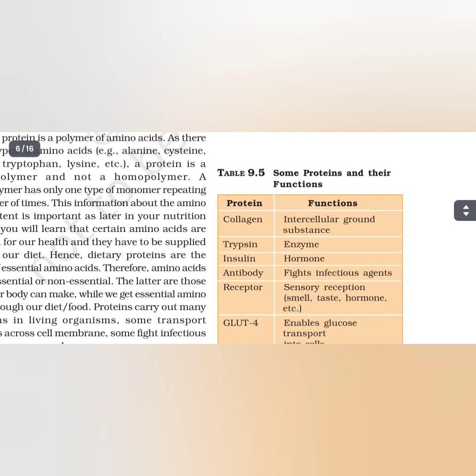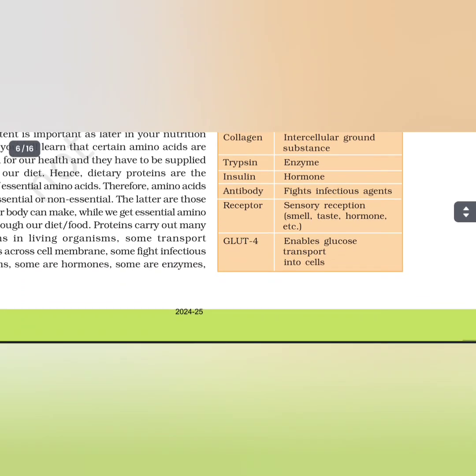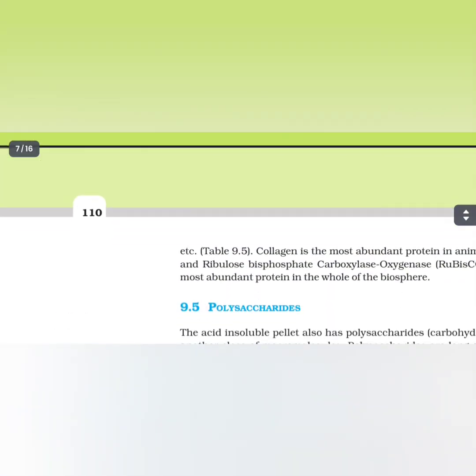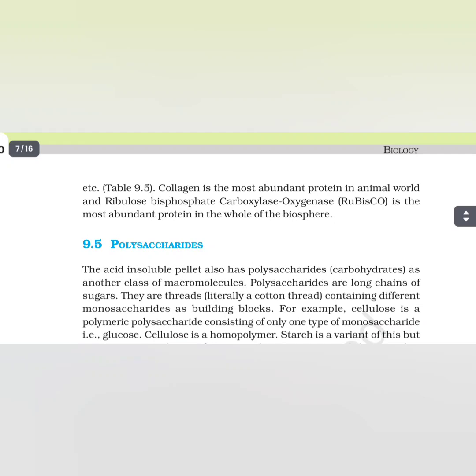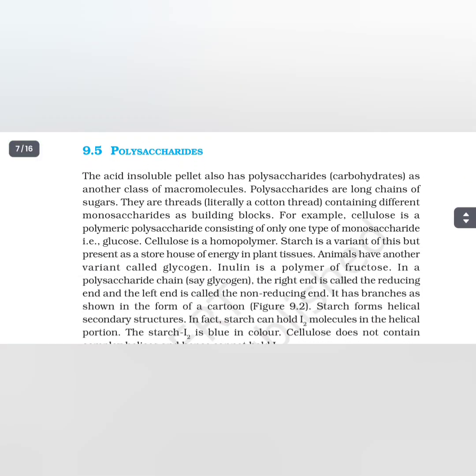Some proteins and their functions: collagen, intercellular ground substance; trypsin, enzyme; insulin, hormone; antibody, fights infectious agents; receptor, sensory reception, smell, taste, hormone, etc. GLUT4 enables glucose transport into cells. Collagen is the most abundant protein in the animal world and ribulose bisphosphate carboxylase oxygenase, rubisco, is the most abundant protein in the whole of the biosphere.